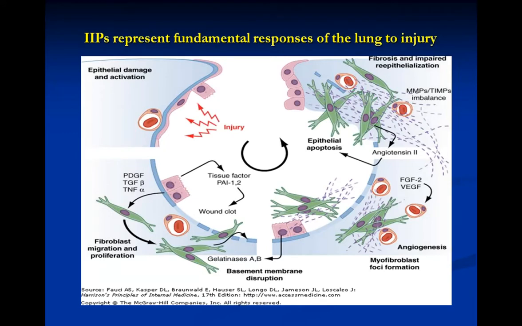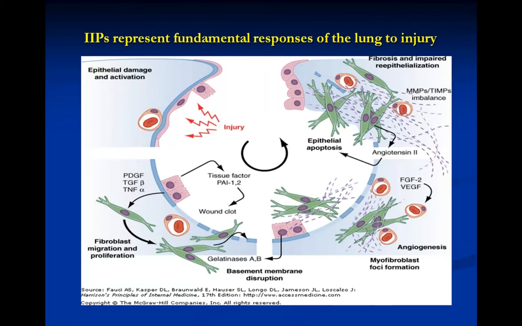Thereby there will be formation of more and more fibroblasts, with fibroblast migration and proliferation. With the help of enzymes like gelatinases A and B, there will be disruption of the basement membrane of the alveolus and the capillary.